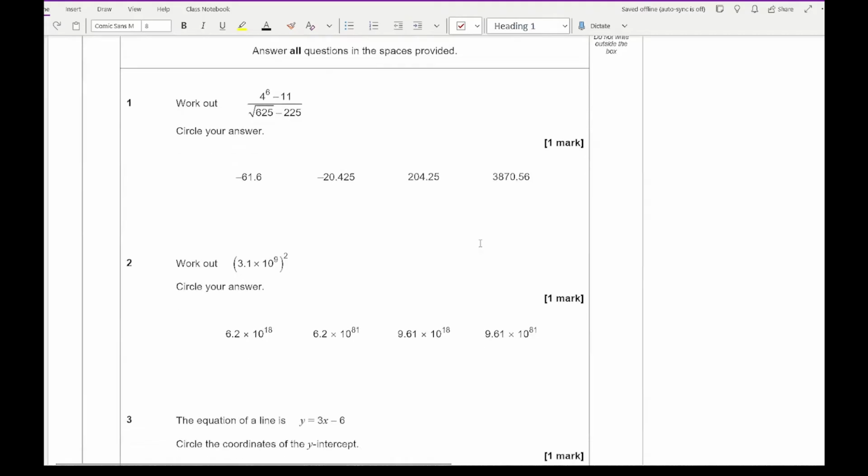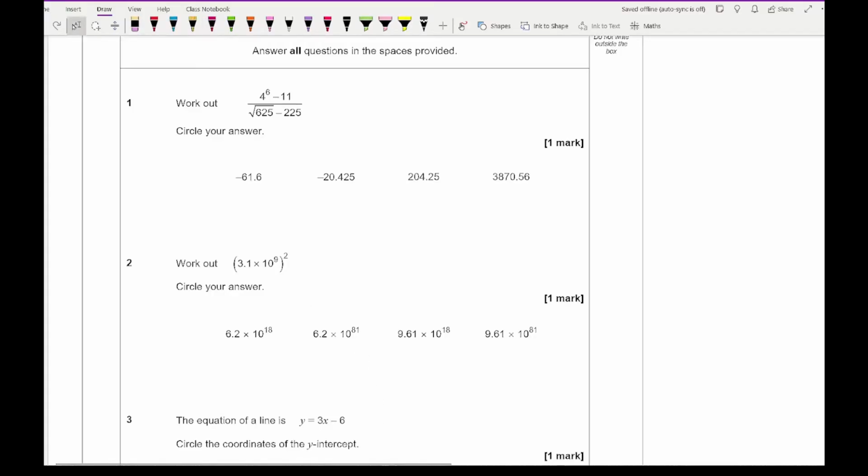So looking at question 1, it says work out 4 to the power of 6 minus 11 over the square root of 625, only subtracted from 225. For this, all we need to do is make sure that we're inputting this into our calculator exactly how it is.